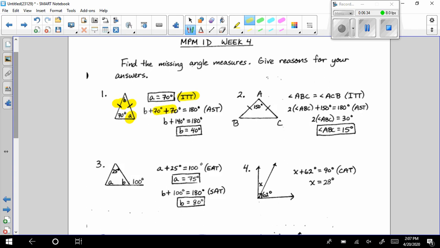Simplify the numbers on the left side, add them together to get 140, and now we want to isolate B. So we will subtract 140 degrees from the left side to get B by itself, and we will also subtract 140 degrees from the right side to get its value, which is 40 degrees.